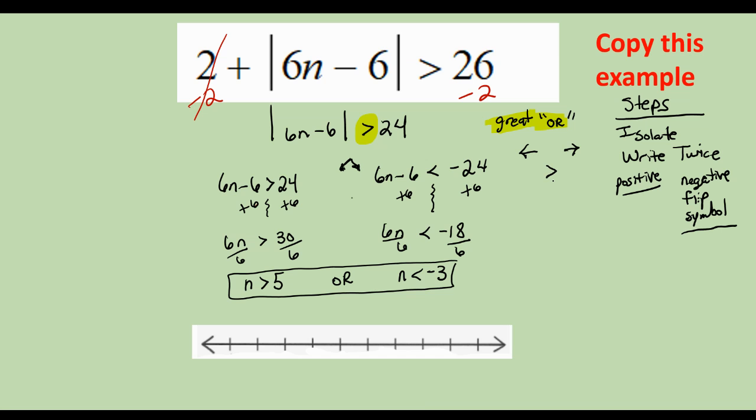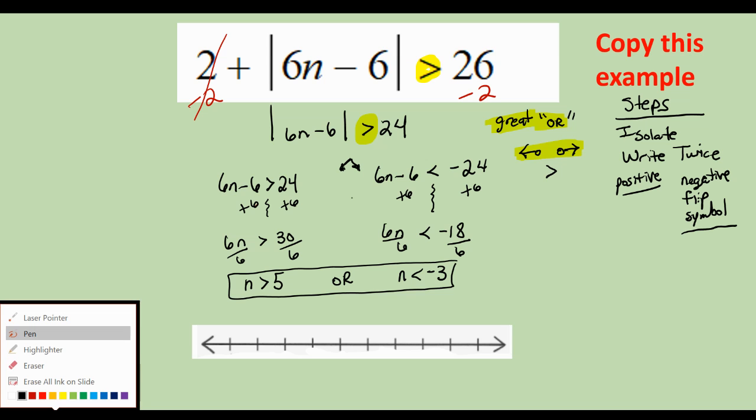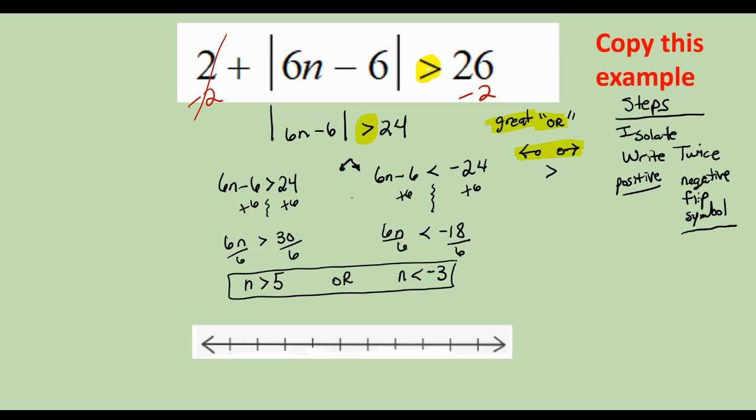Since the symbol didn't have the extra line underneath, it's also going to be an open dot. So this is our goal for our graphs, and that's all based on what kind of symbol. If you just follow along and logically graph it, your graph answer should be just fine.